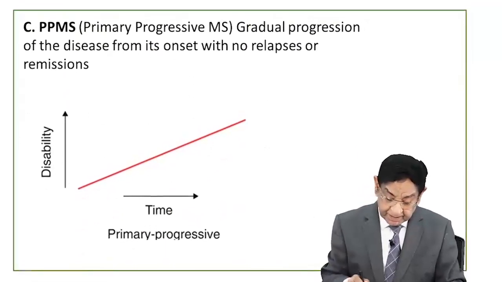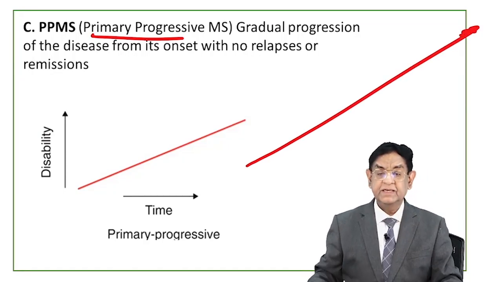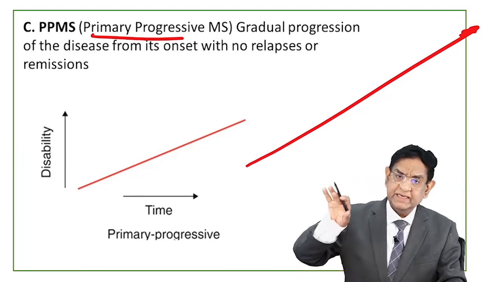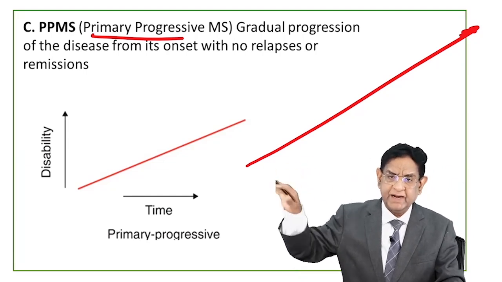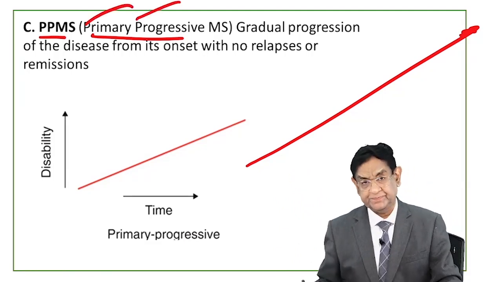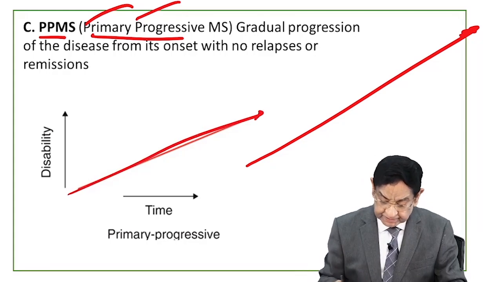Then primary progressive: from day one it is increasing. From day one it never came back. It's going bad, so-called PPMS, primary progressive. So from day one the problem is increasing.